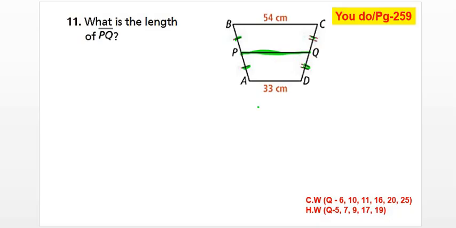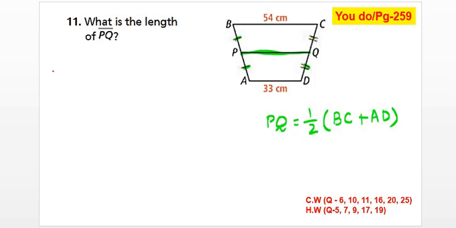So how do we find the mid segment? I think in the last video I explained what the formula is. PQ is equal to half of the sum of both bases, the base on one side of this mid segment and the base on the other side. That means you have to add BC with AD, and then take its half.